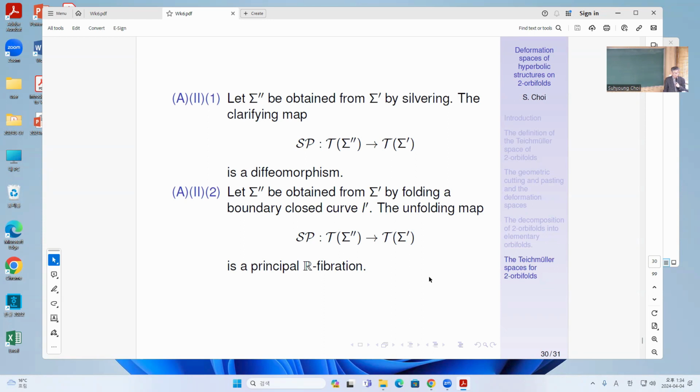And now for the folding, you have an order two map which fixes 2 points in one boundary component, and you glue. Then of course this will be, because there was a choice of how you rotate these fixed points, actually a principal R fibration. So its dimension gets bigger by one.